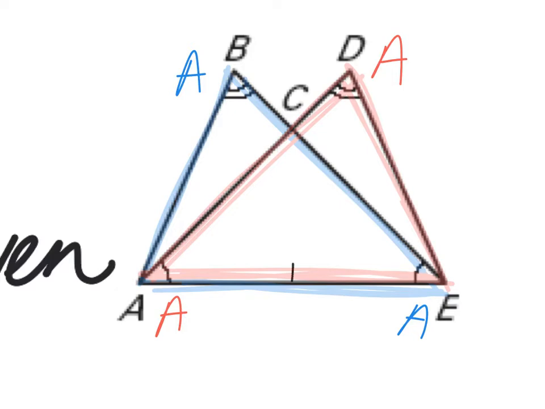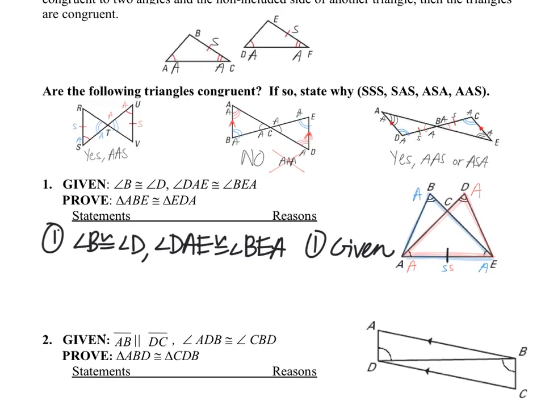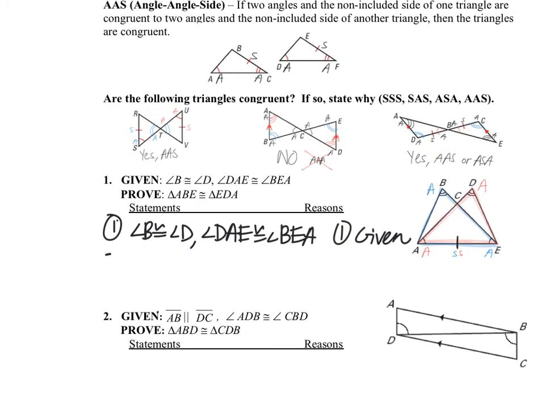So this side at the bottom is shared. I'm going to mark it with an S so you know that we have that side. Or you can mark it like both of them have this side. Okay? Write that in your proof, that we have a reflexive side. So AE is congruent to AE, or EA, because of reflexive.